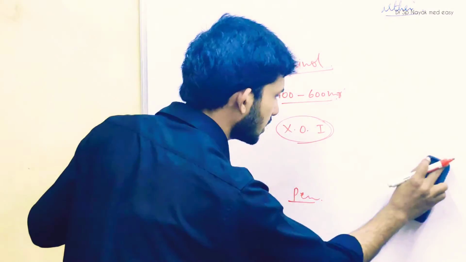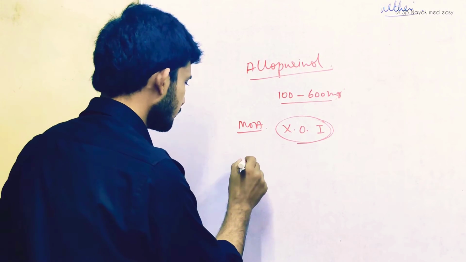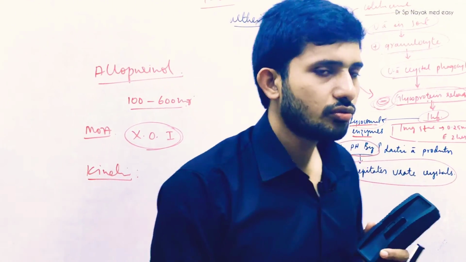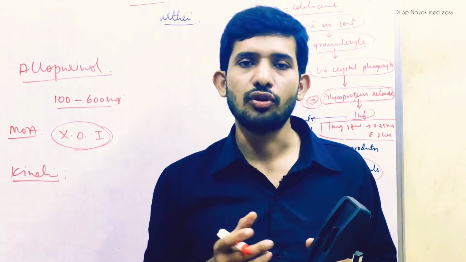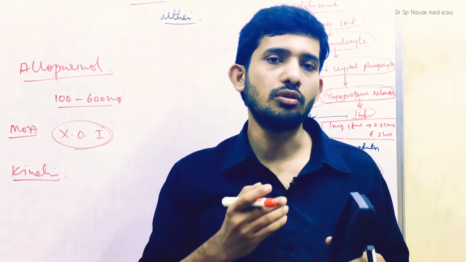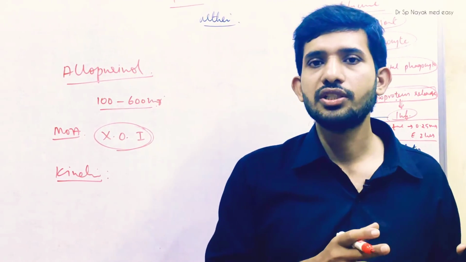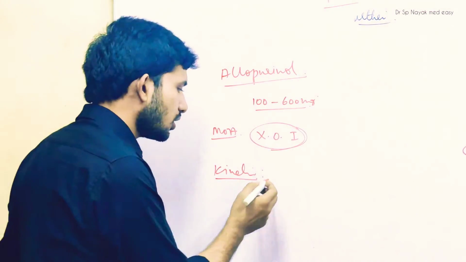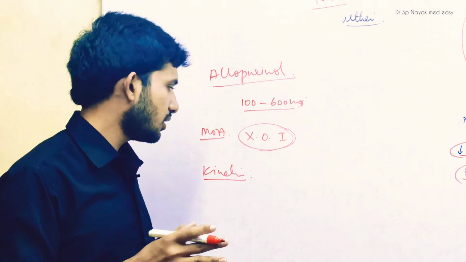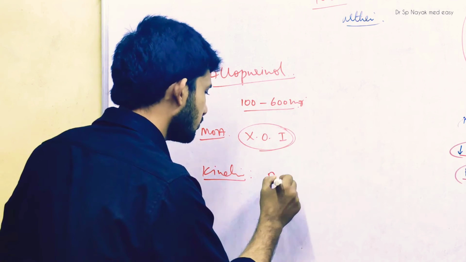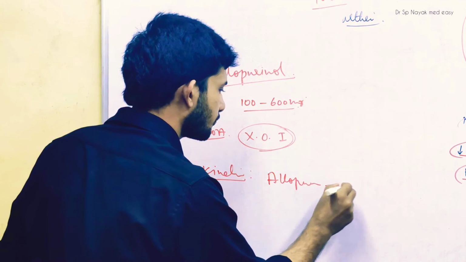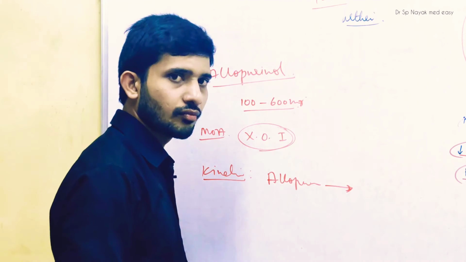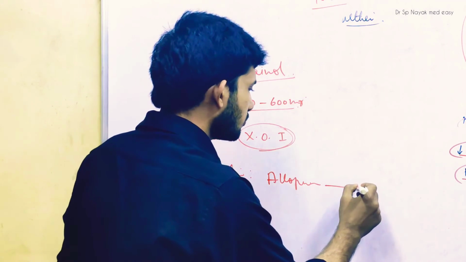And now let us see the kinetics of allopurinol. Allopurinol is commonly given by the oral route. Oral bioavailability is 80 to 90%, and most of the allopurinol is not bound to proteins, and it is metabolized in the liver. Remember guys, it inhibits its own metabolism. Allopurinol is metabolized into alloxanthine.